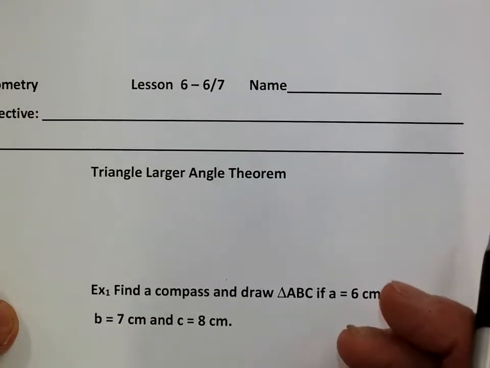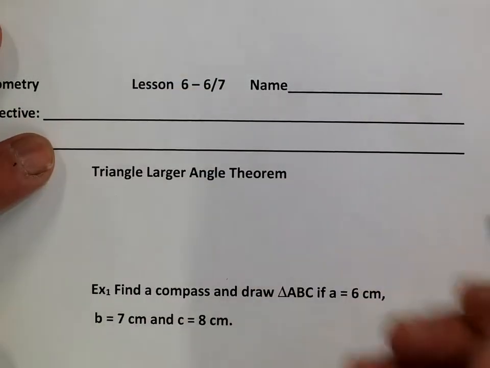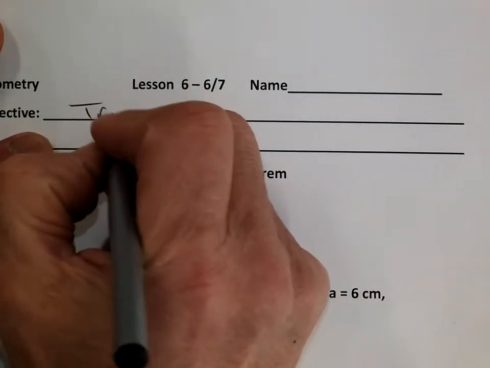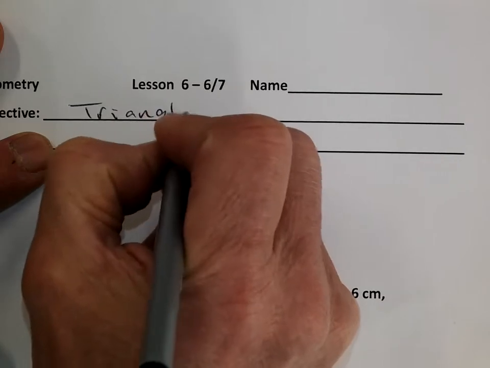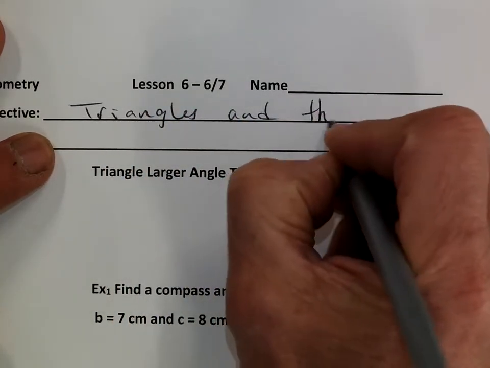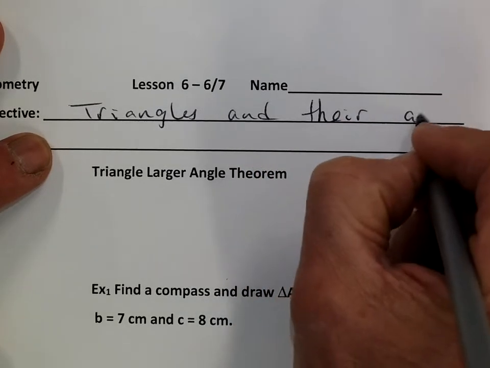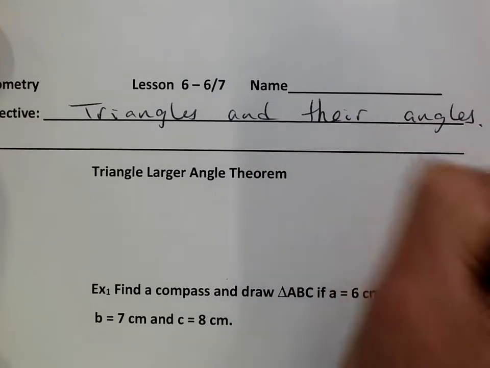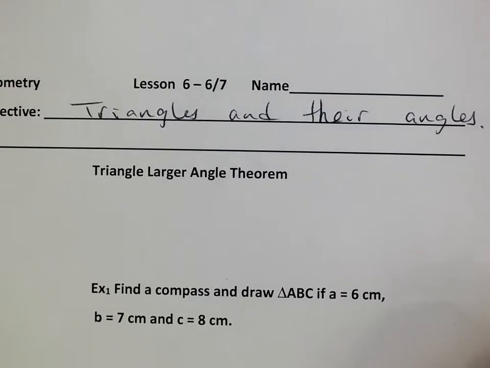So today's objective is talking about triangles and their angles. With this thing called the triangle larger angle theorem, what does it say?